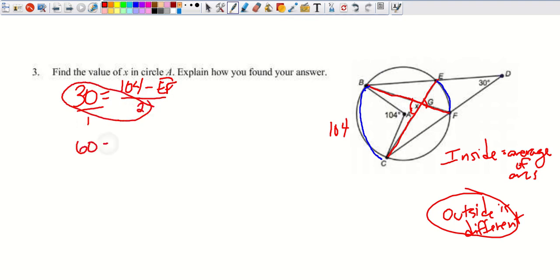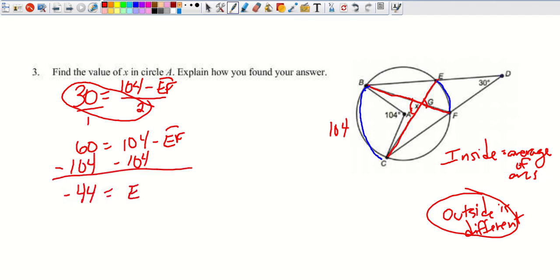So 60 is equal to 104 minus EF. We'll subtract 104 from both sides to get negative 44. Really, it's negative, and then we can just multiply by -1 to get positive 44 back.